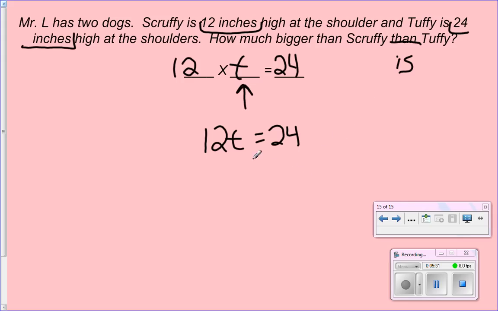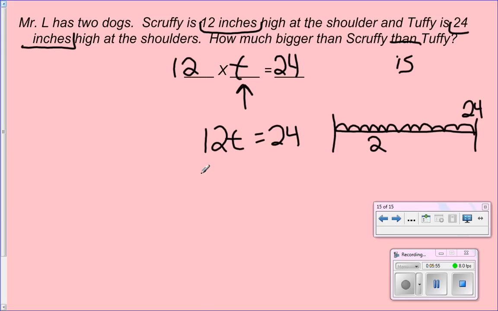So we know that I could set up with a visual model. I'm getting to 24, and if I have 12 jumps to make, 1, 2, 3, 4, 5, 6, 7, 8, 9, 10, 11, 12. We're trying to figure out how big each one of those jumps are, and we know them to be 2.